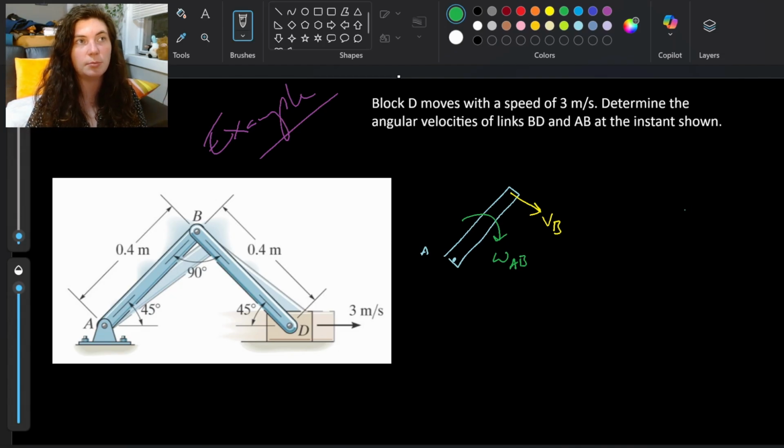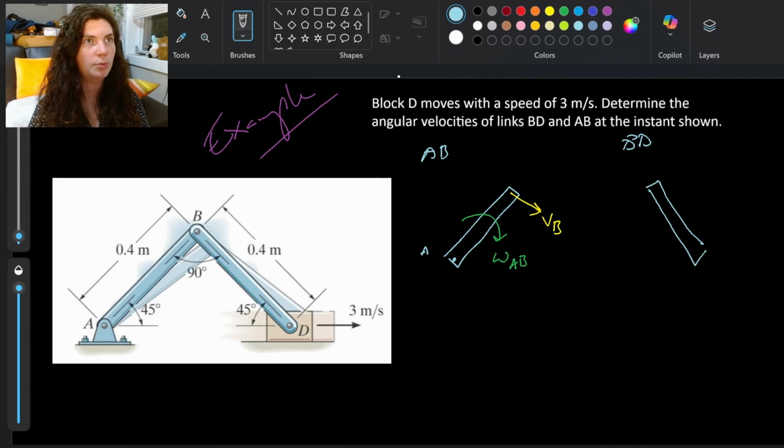So I'm going to go ahead and work on my other diagram, this other leg of BD. Let me label these. So this is AB and this is BD.